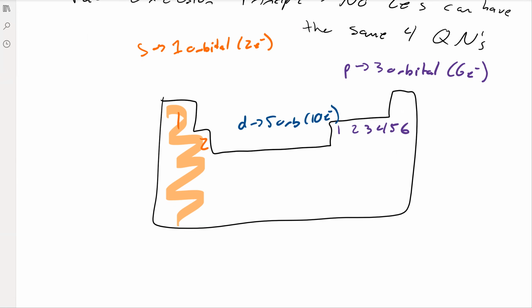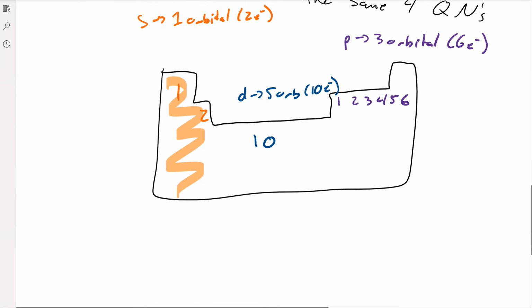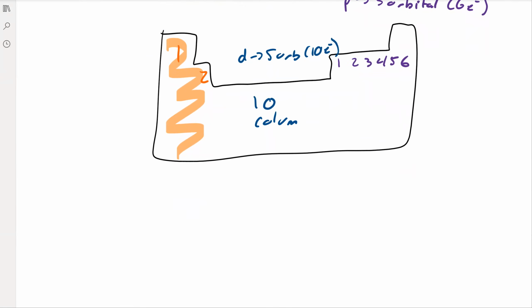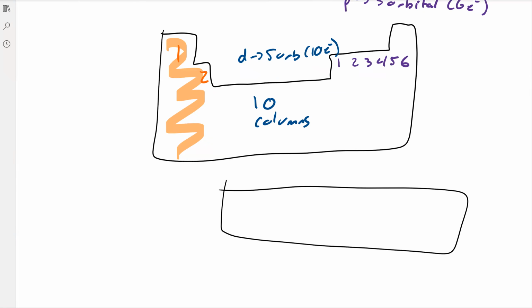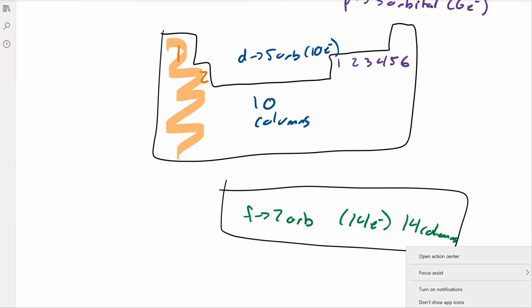And then if you count how many columns there are in the d block, there are 10. And then finally, we have the f block. There's 7 f orbitals. If you think about how many columns there are here, there are 14 electrons and thus 14 columns. So we can see that the quantum numbers are all related to the periodic table, and soon we'll learn how to use the periodic table to make this all very simple.